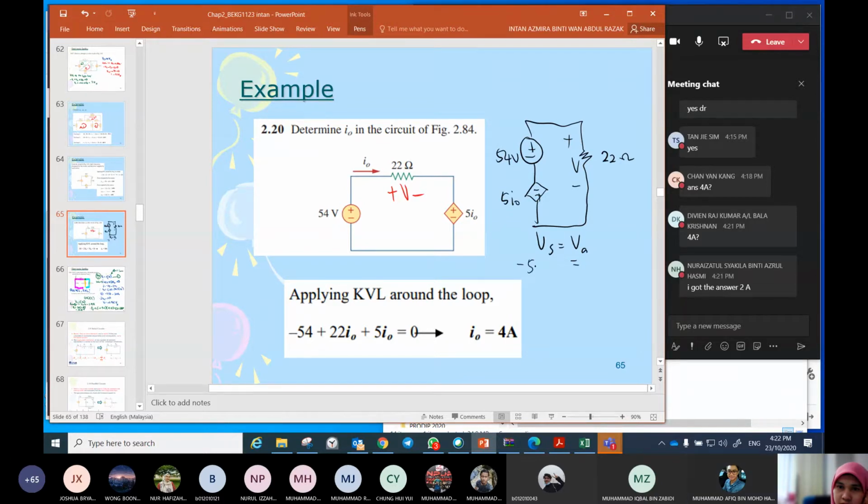minus 5 I0 plus 55. Okay. So how to solve this? We have to find the I0, right? How to find the I0?